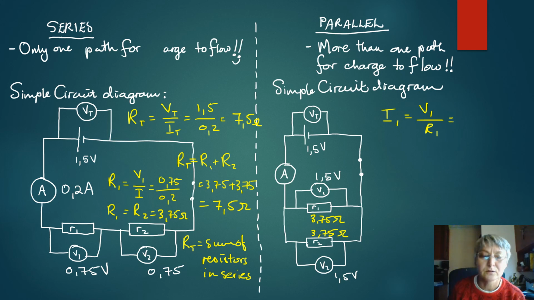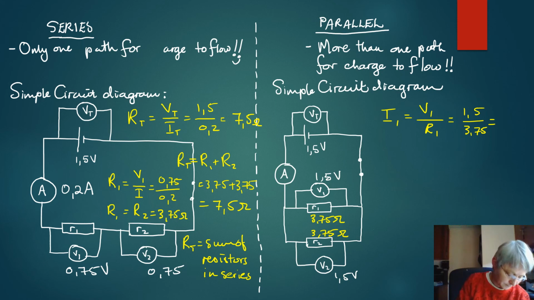If I continue on this, it's 1.5 divided by 3.75, which gives me a current of 0.4 amperes.